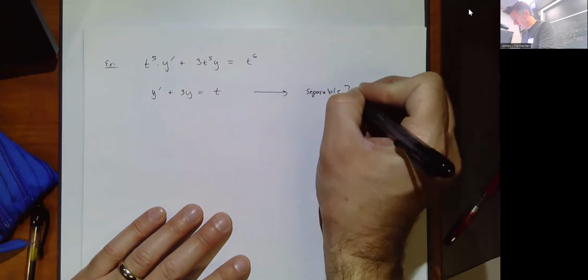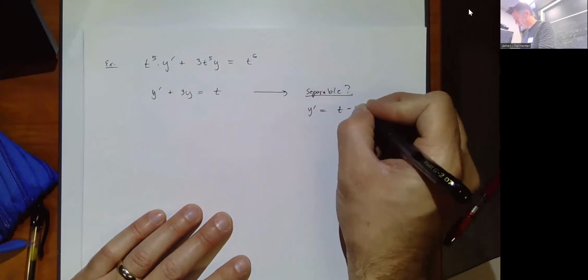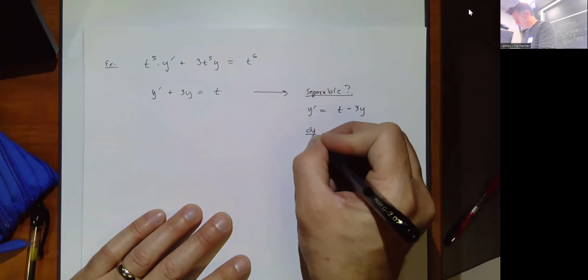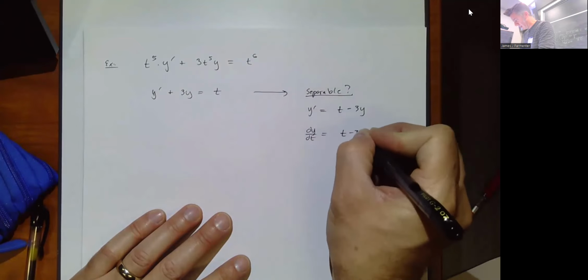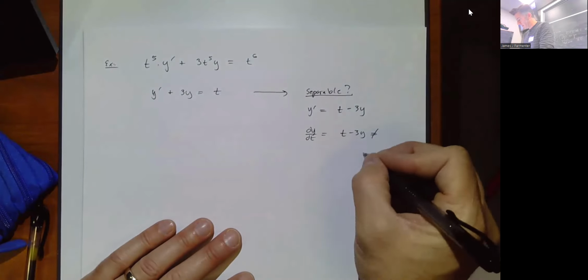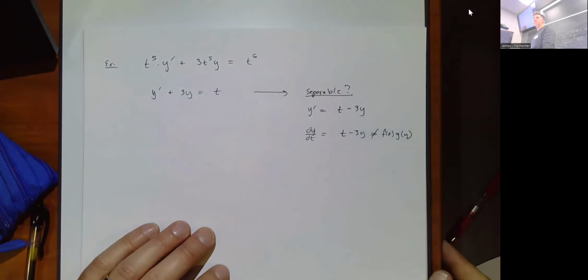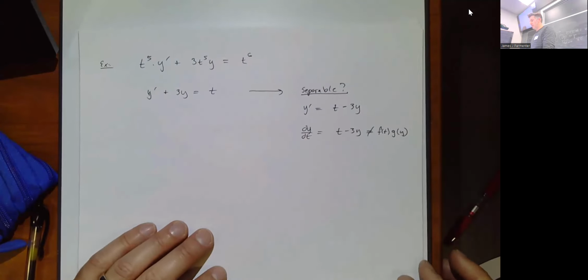If I isolate y prime, I get dy/dt equal to t minus 3y. And no, it's not. There's no good way to write this as a function of t times a function of y. It can't be done. Not separable.